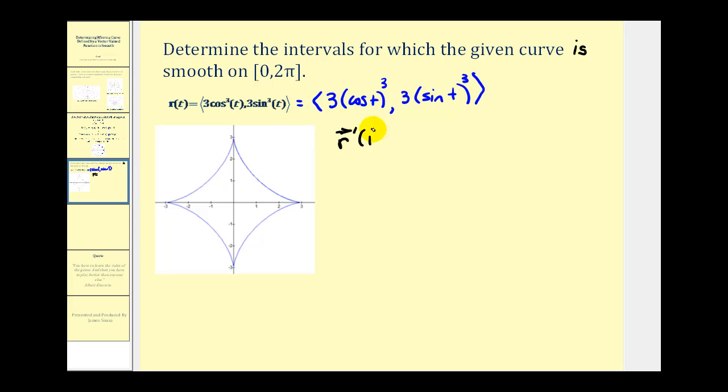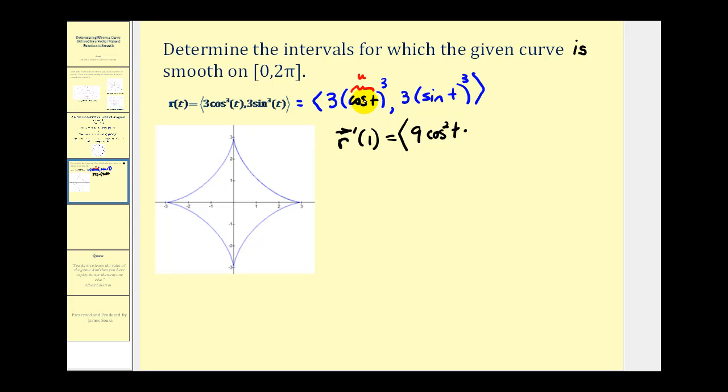Remember, that means find the derivative of each component. So cosine t is actually going to be our u when we apply the chain rule. So we're going to multiply by this 3. That'll give us 9 u squared times u prime, or 9 cosine squared t, and then times u prime.